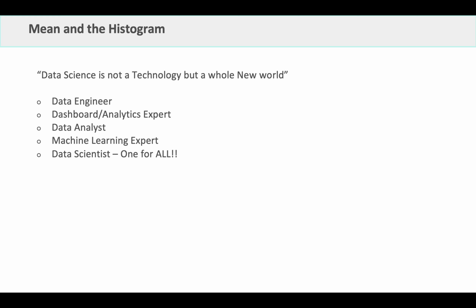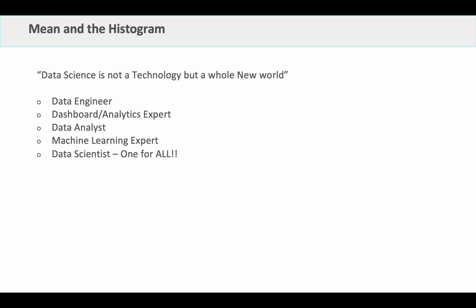Data science is not a technology, it's a new world, a new domain altogether. It's not new, in fact, but the old is now new. Data engineer, dashboard or analytics engineer, visualization engineer, data analyst, machine learning expert, or data scientist who knows everything.